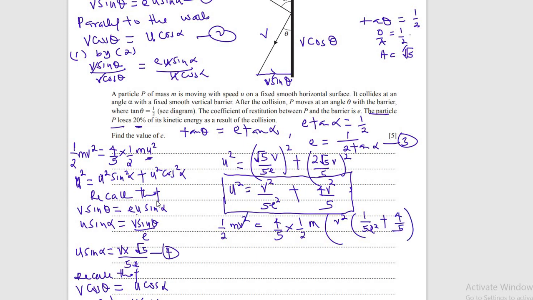So from here, v squared cancels v squared, m cancels m, in fact half cancels half. So what we have here is 1 equal to 4 over 5 into bracket 1 over 5e squared plus 4 over 5.